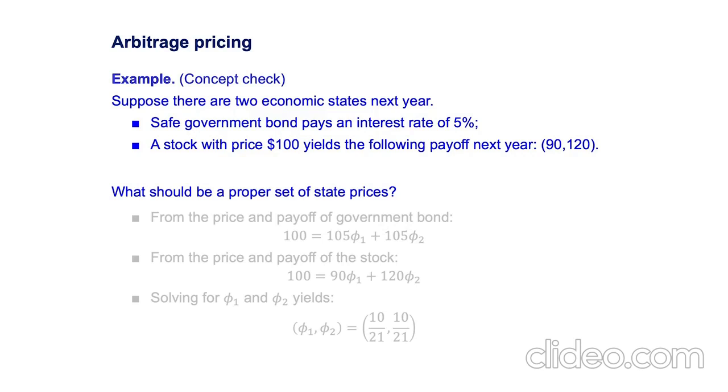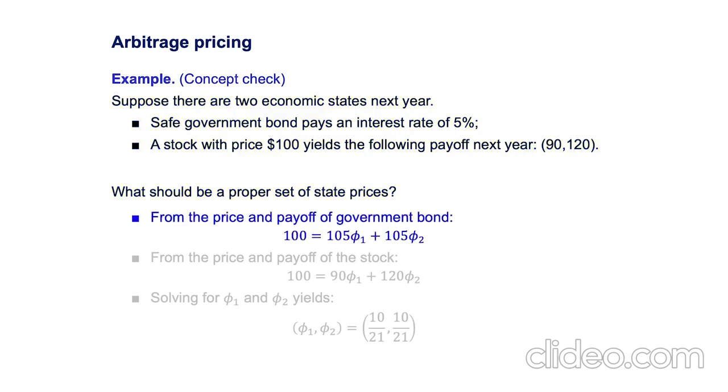In the financial market, we have two traded securities. One is a safe government bond, which pays an interest rate of 5% with no risk. The other security is a stock that pays $90 in state 1 and $120 in state 2, and its current price is $100. The question is, what should be the proper set of state prices?